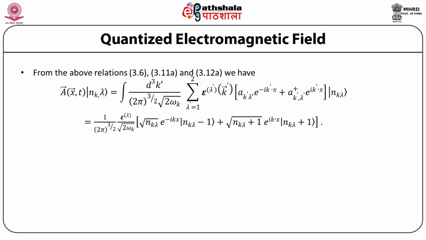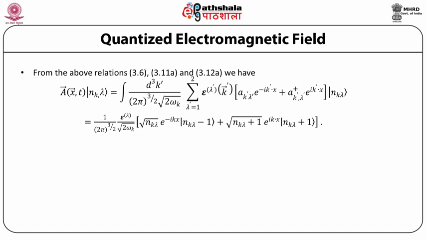From the above relations 3.6, 3.11a, 3.12a, we have A vector of x is equal to the integral of d cubed k prime by (2 pi)^(3/2) into the square root of 2 omega k, summation over lambda prime equal to 1 to 2, epsilon lambda prime k prime into a k prime into exponential minus i k prime x plus a dagger k prime into exponential plus i k prime x, the whole thing operating on the ket nk lambda.